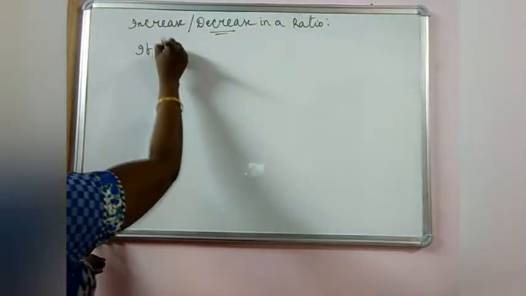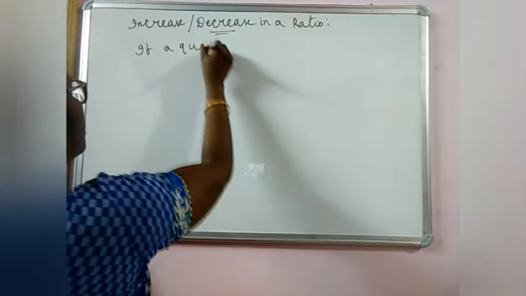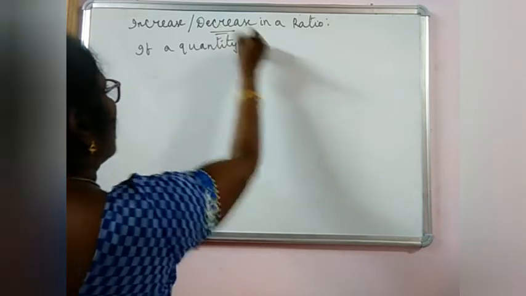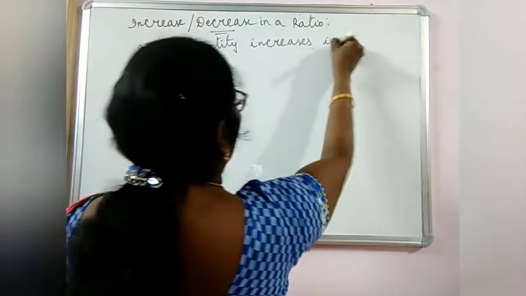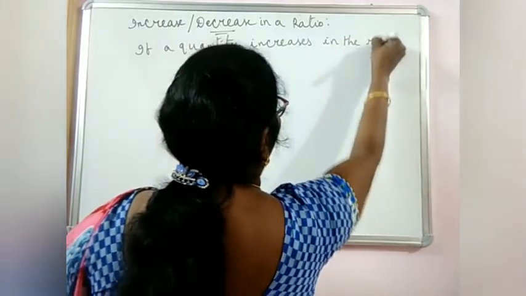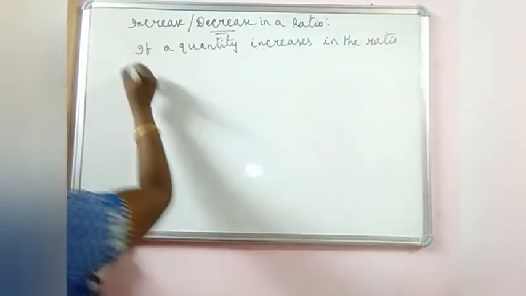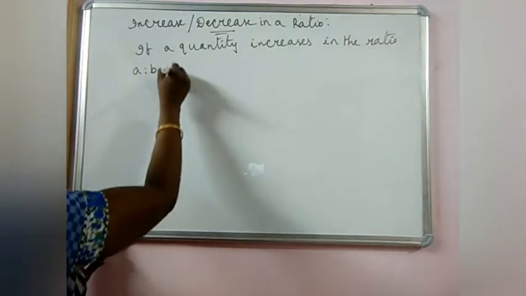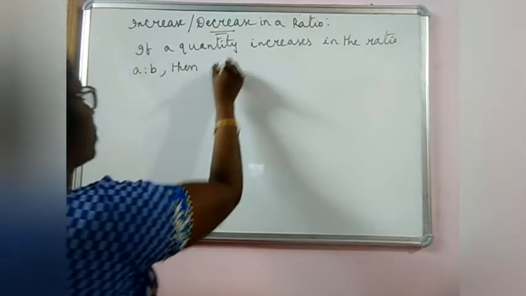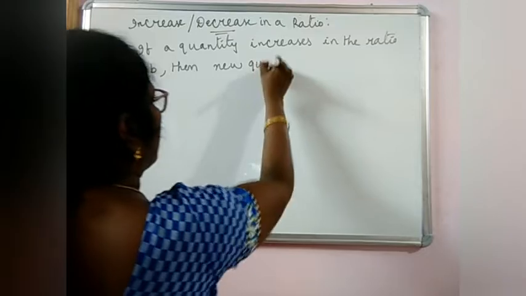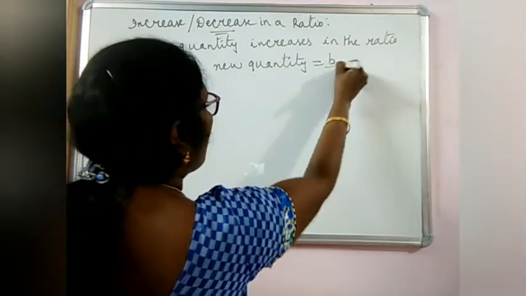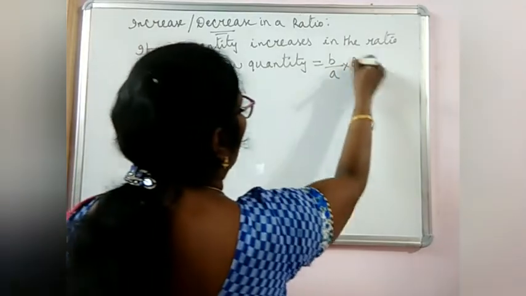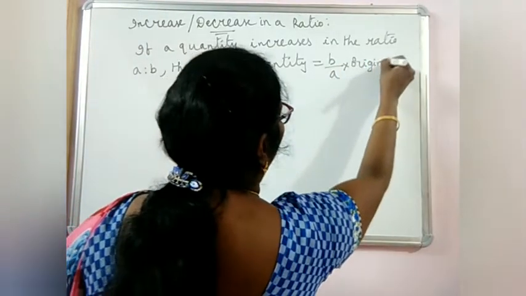If a quantity increases in the ratio A is to B, then the new quantity is B by A into the original quantity.